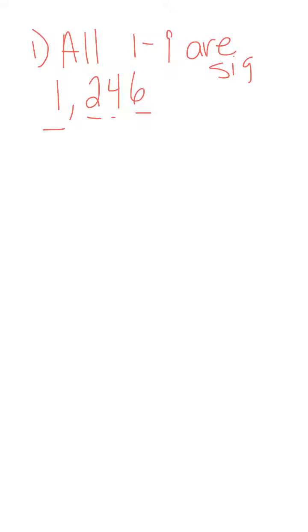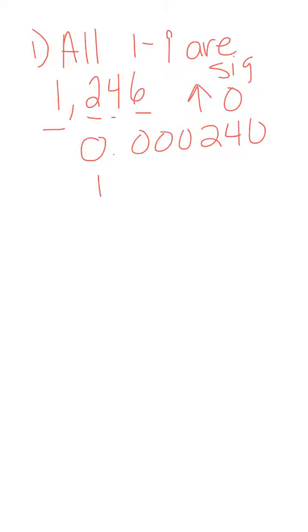All of those values are greater than 0, and so all of them are significant. Now I'm going to show you a shortcut for numbers such as this, or numbers such as this one that have zeros in them.